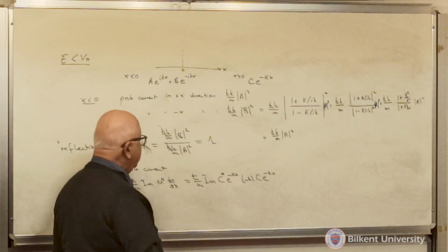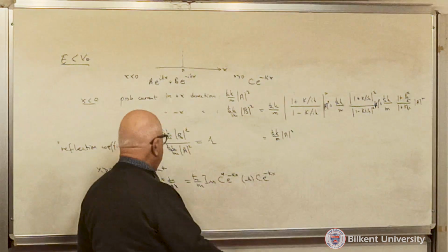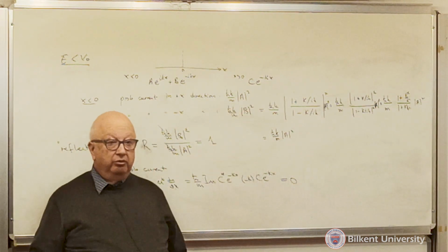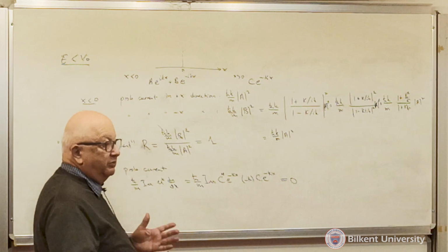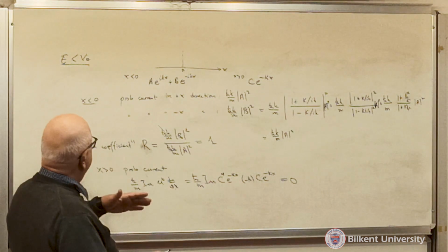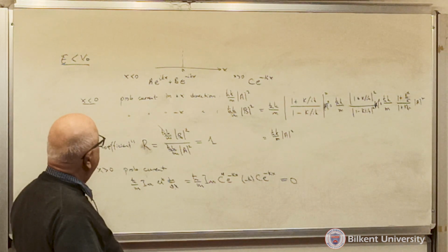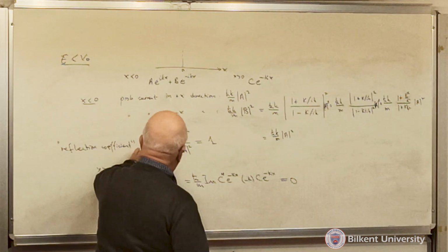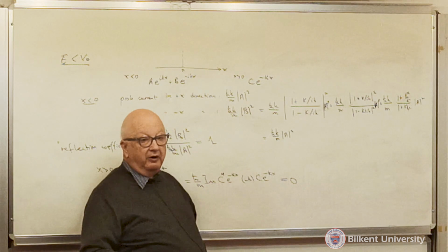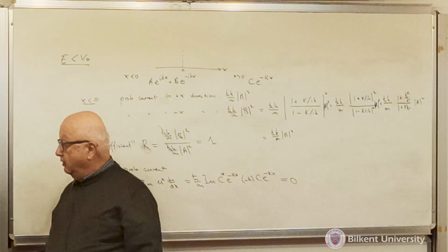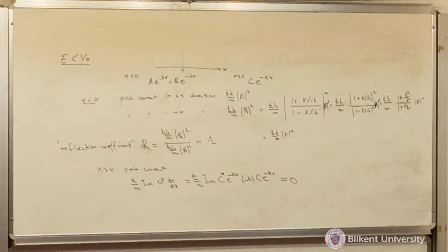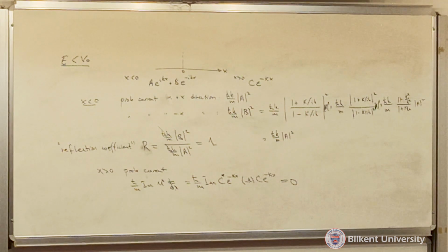But everything is real, there's nothing imaginary, so I get 0. So there's no probability current on the right, which makes sense. Since probability is conserved, if everything is being reflected, I should get 0 on the right-hand side.